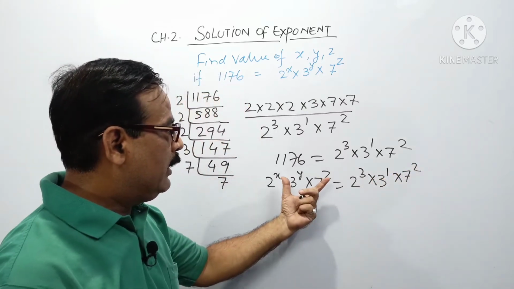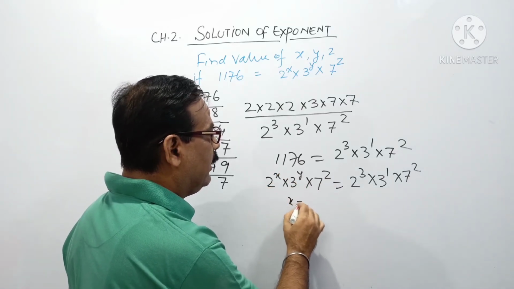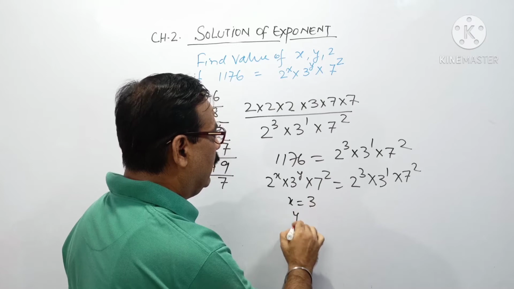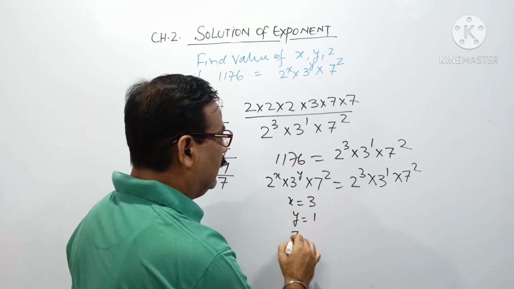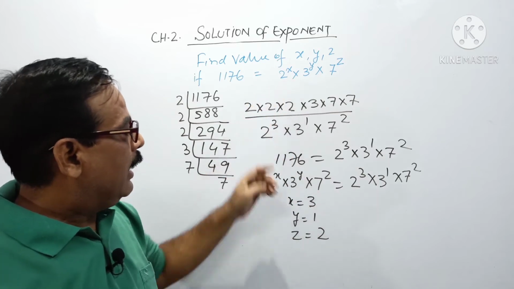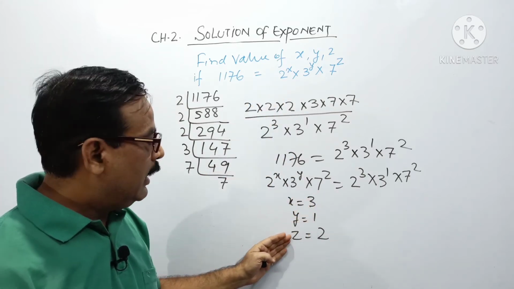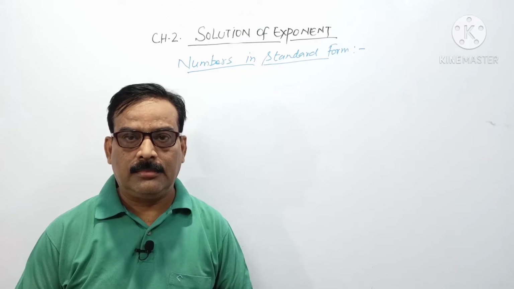So now we can equate both terms. From here we get x is equal to 3, y is equal to 1 and z is equal to 2. This is the value we had to find, and this is the answer: x is equal to 3, y is equal to 1 and z is equal to 2.